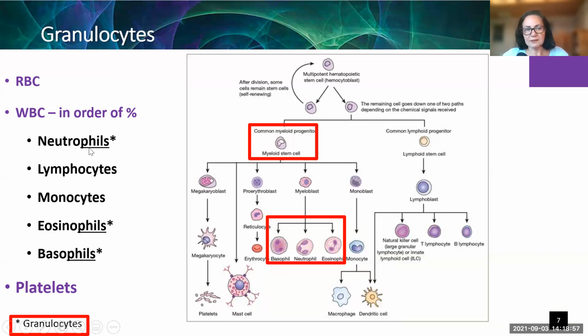Again, here I underlined the "phil" and put an asterisk next to it: neutrophils, eosinophils, and basophils. Again, I don't think it's an especially helpful term, but you'll see it. So these are the granulocytes, and the monocytes and lymphocytes are the agranulocytes. There you have it.